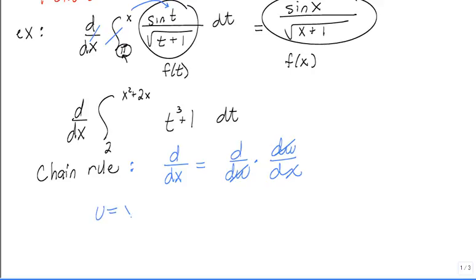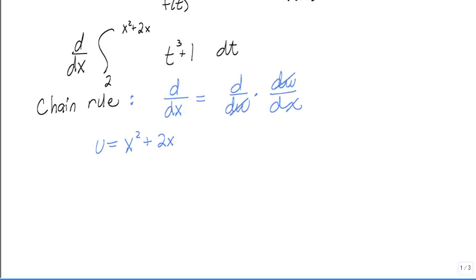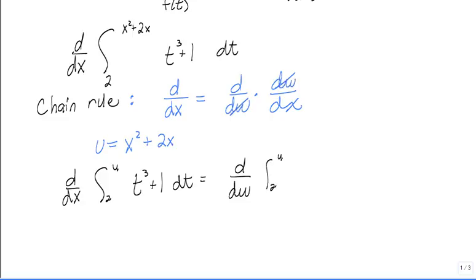So if u in this problem equals x squared plus 2x, then we have d/dx of the integral to u of t cubed plus 1 dt. That's going to be d/du of the integral to u of t cubed plus 1 dt times du/dx.